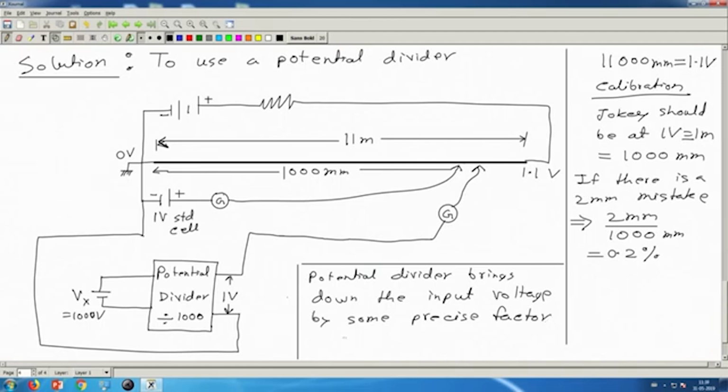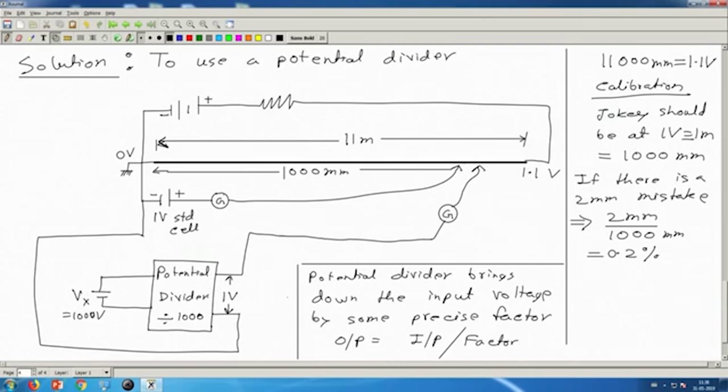So, the output is equal to the input divided by some factor, and this factor has to be precise. If we want to divide it by 1000, we should divide exactly by 1000, it should not be 1001. Then of course, there will be some error due to that, which we have not considered in this example. This may also increase the estimated error, but that we have not discussed. We have assumed this potential divider to be ideal.